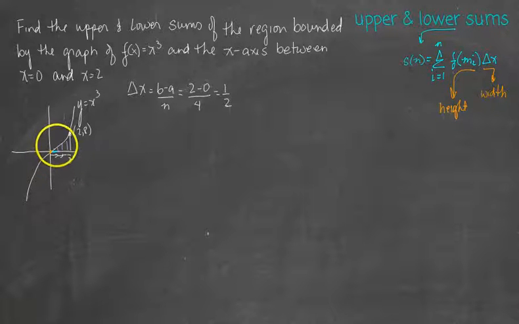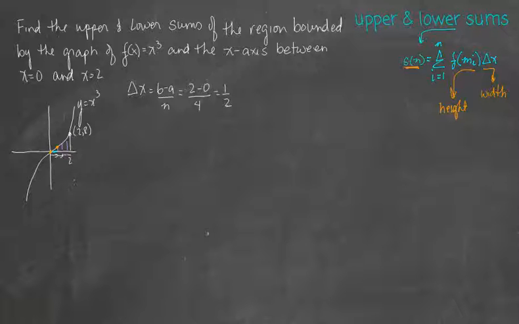The highest point is 1/2 cubed, or 1/8. So for the lower sum, we want to start by taking the area of the part of the partition that's completely enclosed within that interval. And so our first element is just going to be 0, but that is certainly less than whatever the area is, and that's what we're looking for: the sum that is strictly less than the area.